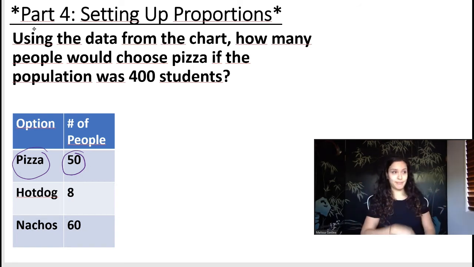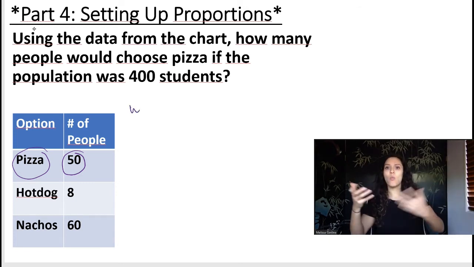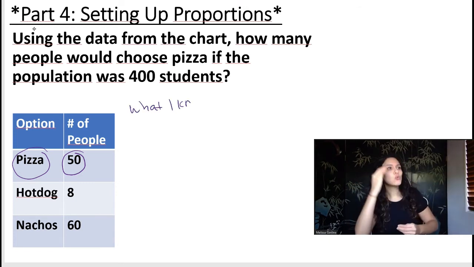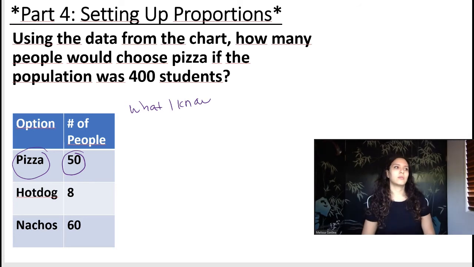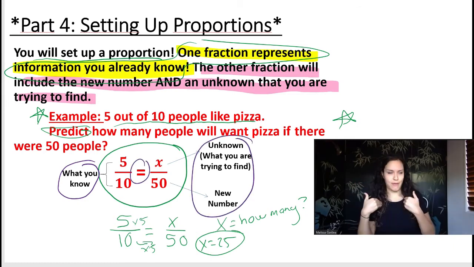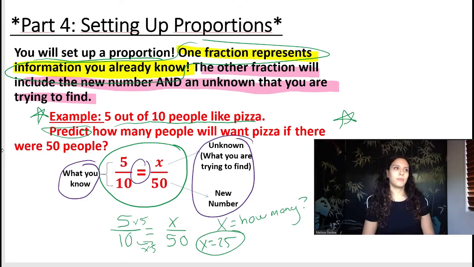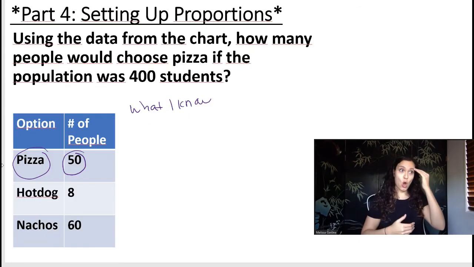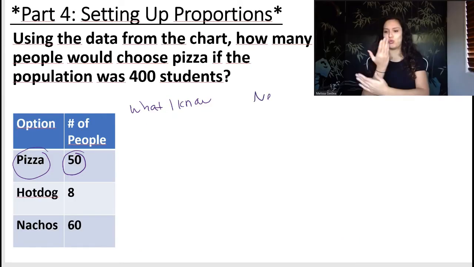Well, using the data from the chart, I need to set up what I know. If I go back to this slide, it says set up what I know, set it equal to my unknown and any new number that I have.